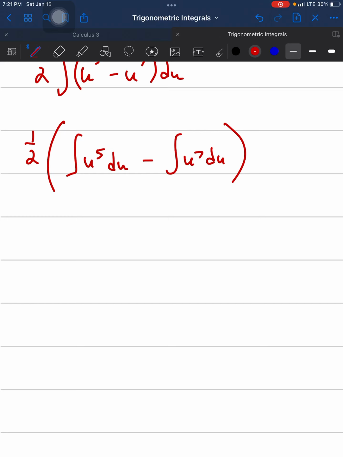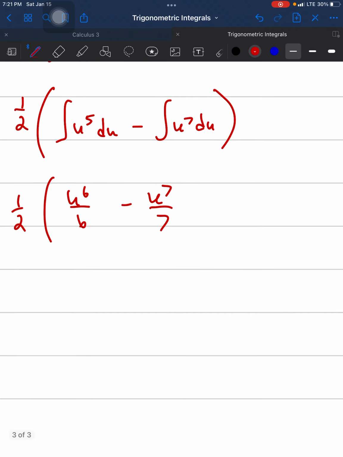Once we do that, we can easily integrate. This is just a regular power rule. This is one of my favorite rules, and one of the easiest rules. So it's going to be u to the 6th over 6 minus u to the 7th over 7. Oh, actually u to the 8th over 8.